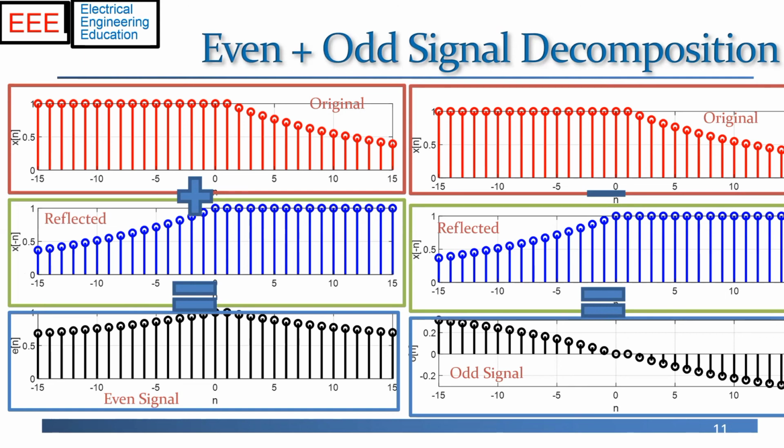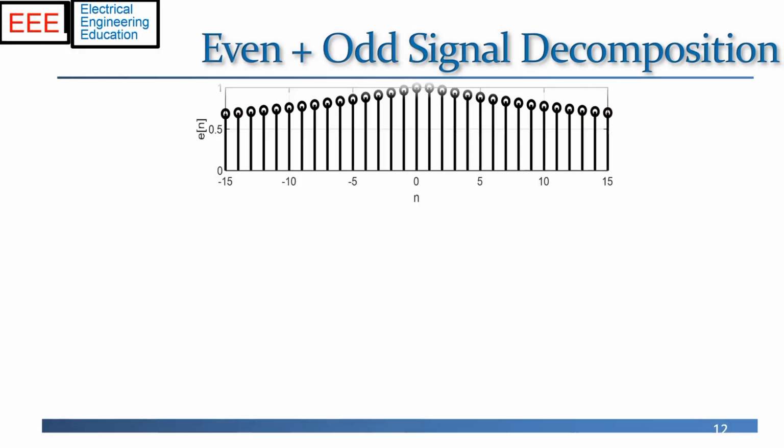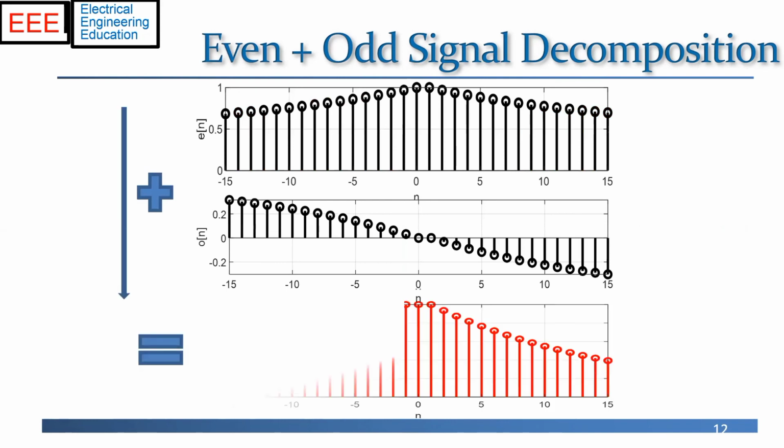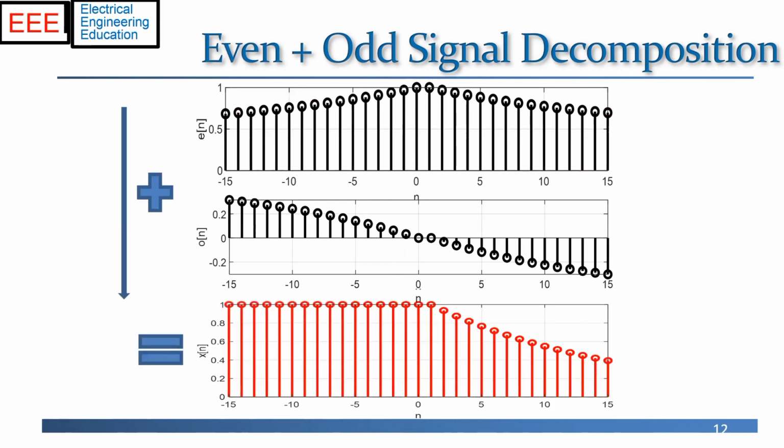And you can see that it is in fact an odd signal. Finally, if now we simply work vertically, taking this even signal, adding this odd signal, it's pretty easy to see that we, in fact, recover our original signal, x of n, that we started with. So, the even part of a signal plus the odd part equals the signal. It's going to be very useful later.